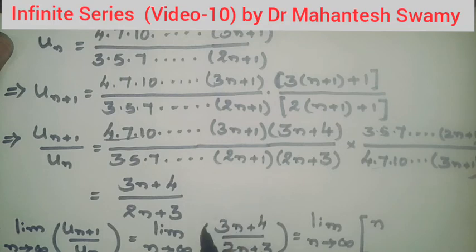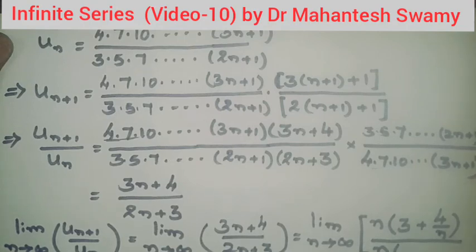When we take n outside here in the bracket, it is 3 plus here it is 4 by n because we are taking n outside, divided by here when we take n outside it is 2 plus 3 by n here. Now this n cancels with this n.